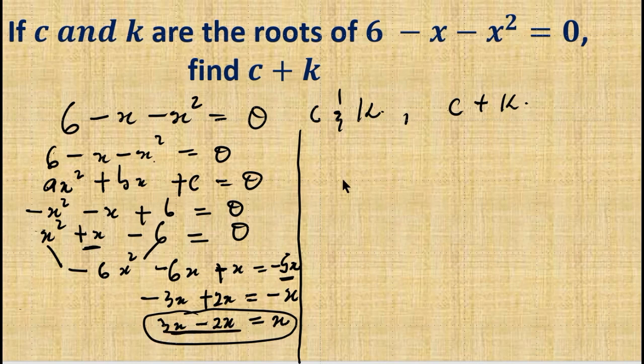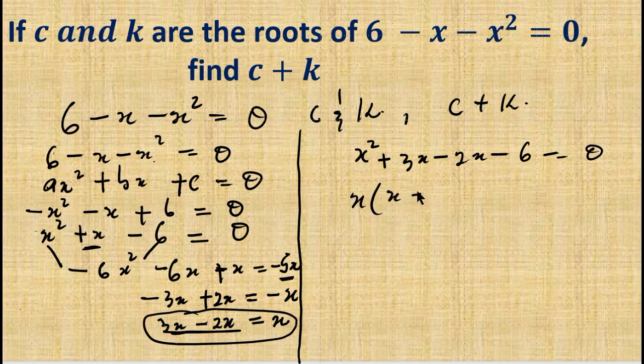So I'll replace my plus x now with 3x minus 2x, so that my equation now becomes x squared plus 3x minus 2x minus 6 equals 0. So I'll have x into x plus 3, factorizing minus 2 into x again. Because I'm bringing out minus 2, I have minus 6 here.